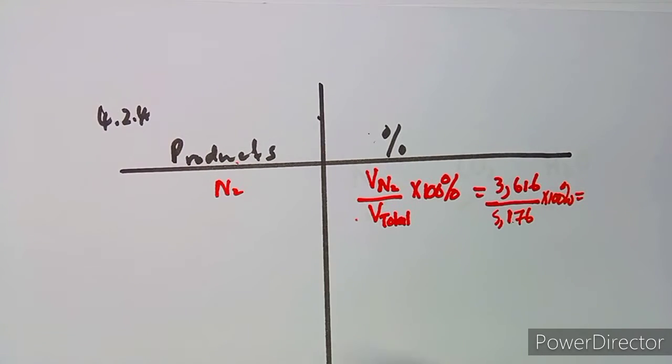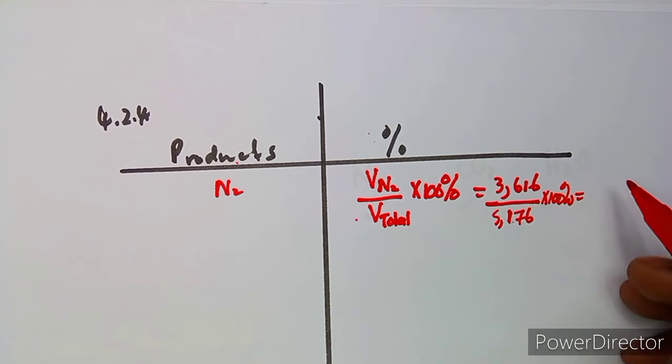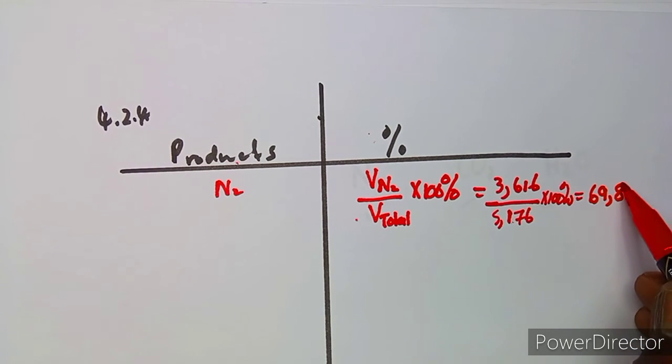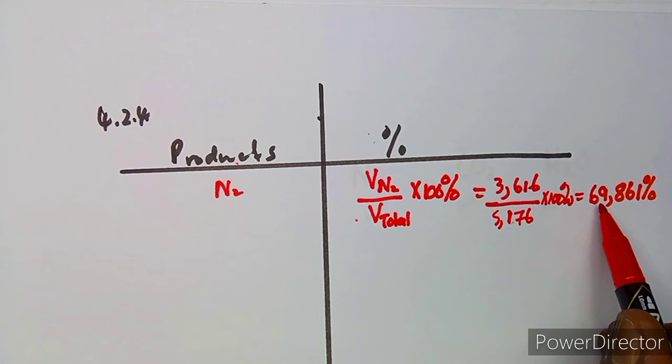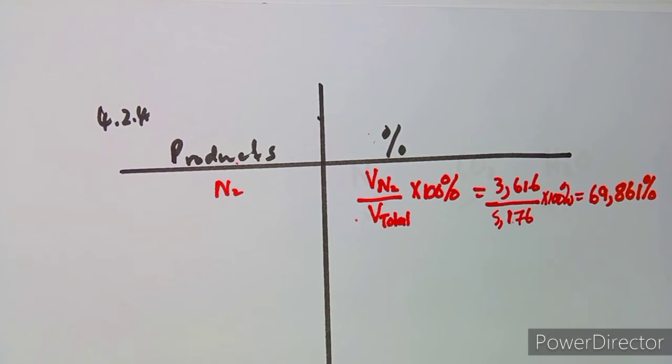Guys, this is too much, but let us just write it, it's 69. You can even write 1 decimal place if you want, but here I'm going to use 3 decimal places so that we don't miss each other. It can be 69.9. So that is the percentage for nitrogen.